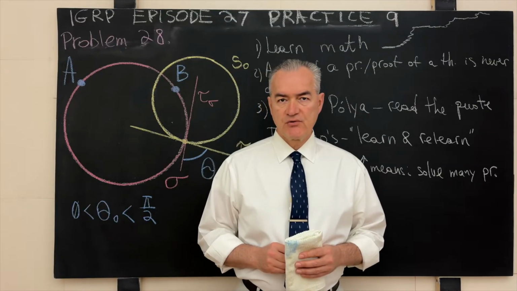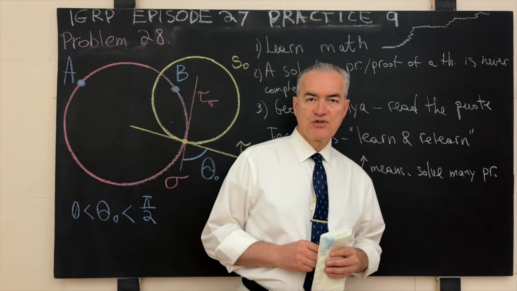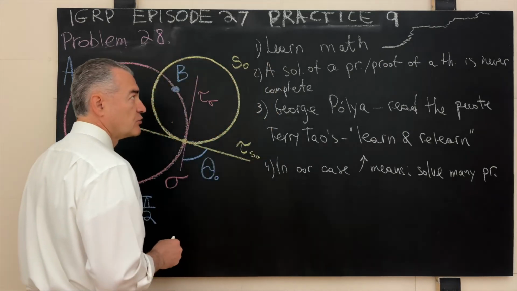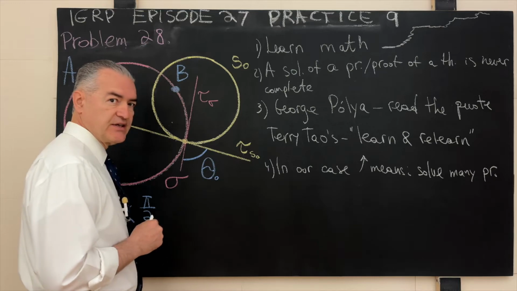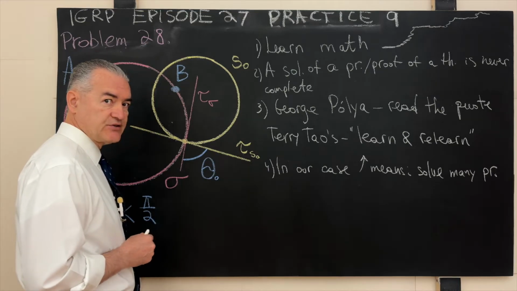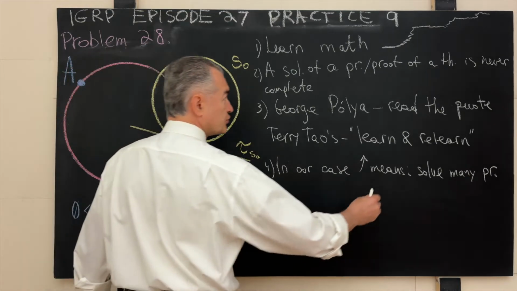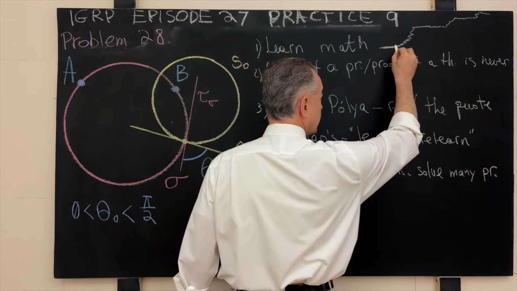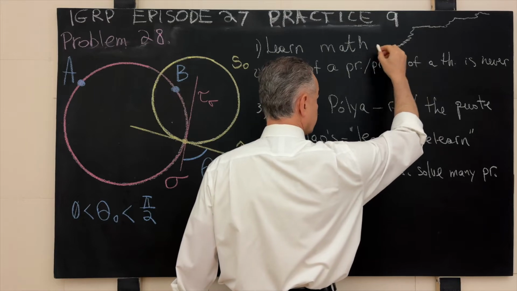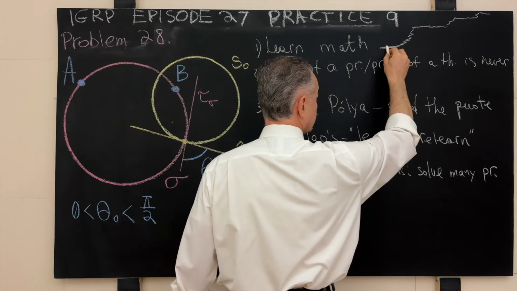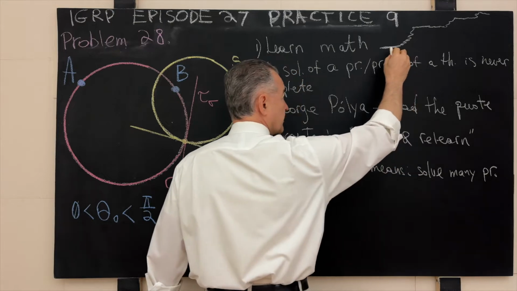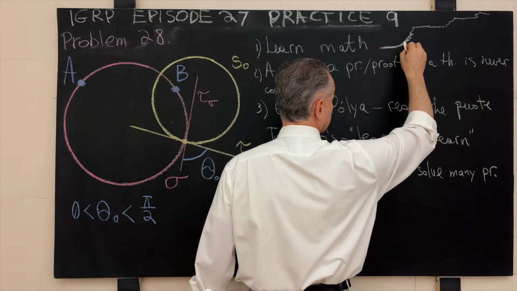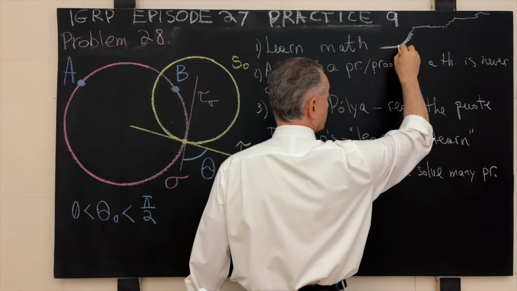Before we step into the weeds of the solution of problem number 28, a few words about the emphasis of this episode. Recall that the way we learn mathematics in any of its domains is as follows. First, we sit at the bottom of the mountain, we spend some time trying to figure out the basic ideas, the basic notions, the overall philosophy of this or that discipline, and then we start climbing the technical knowledge that is associated with that layer.